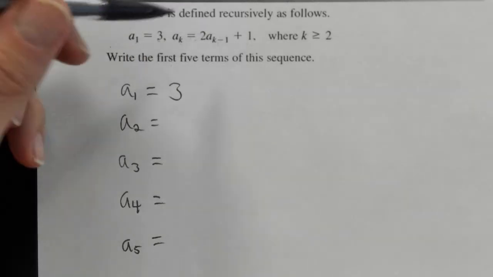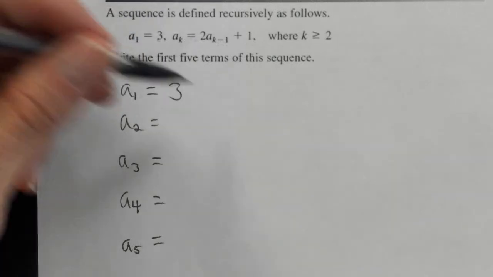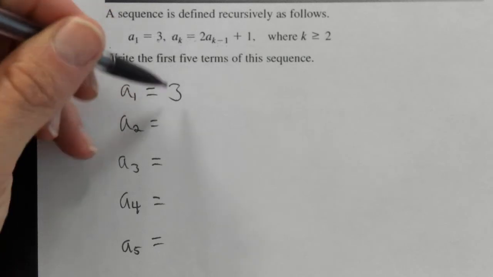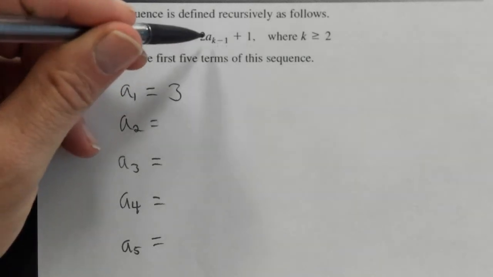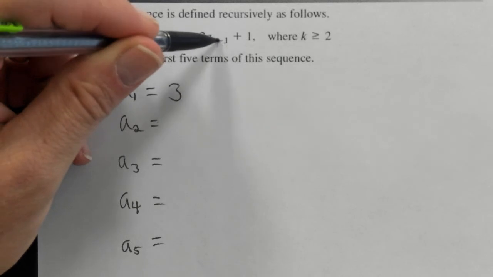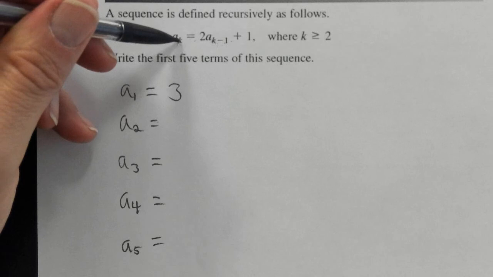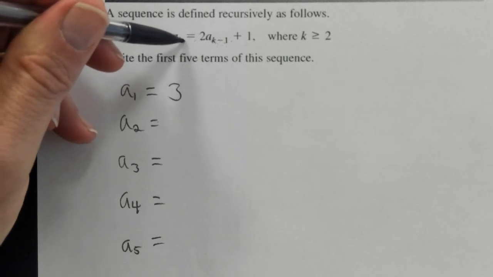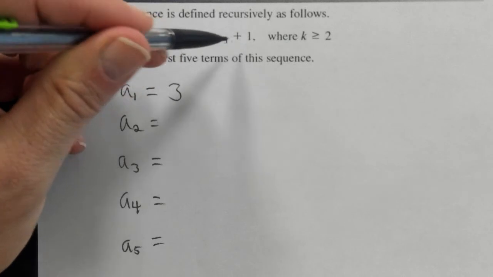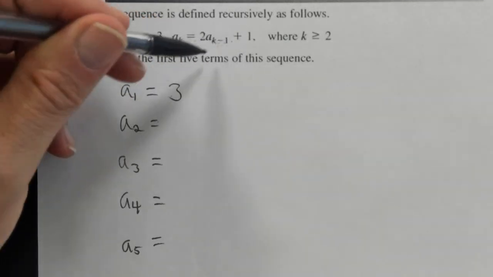Okay? Let's see. So now, beginning with the second term, a sub 2, is going to be 2 times a sub 1, a sub k minus 1, which is the previous term, plus 1. Okay, so if I want the second term, then I need to do 2 times the first term plus 1, because a sub k minus 1 is the previous term, which was 3.